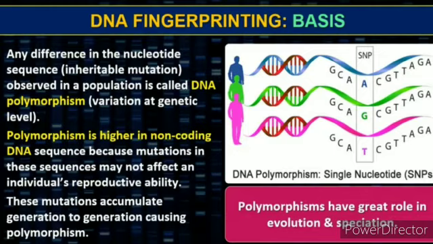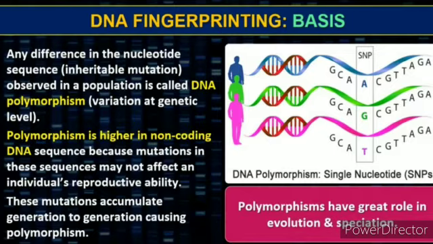The probability of such variation to be observed in non-coding DNA sequence would be higher, as mutations in these sequences may not have immediate impact on an individual's reproductive ability.